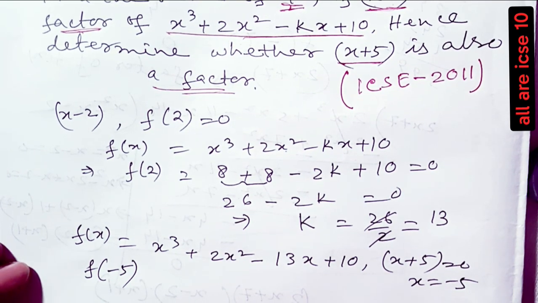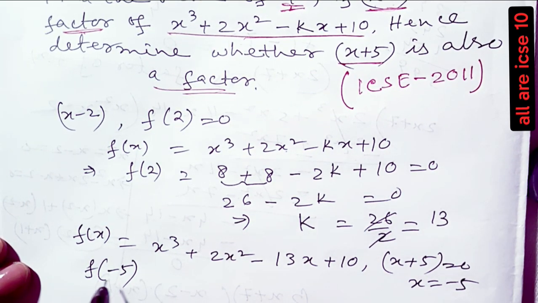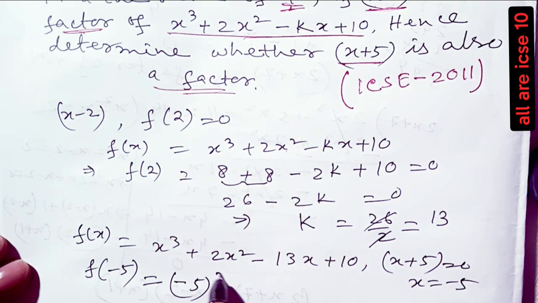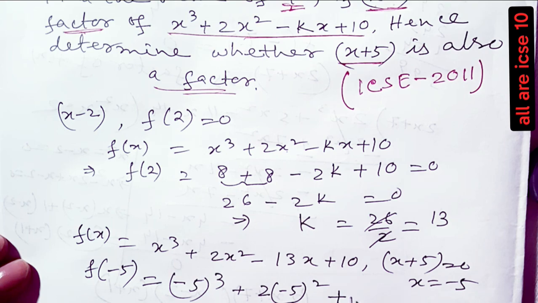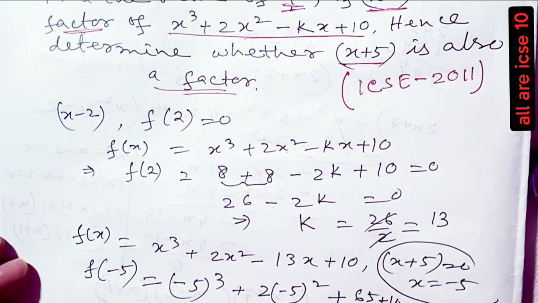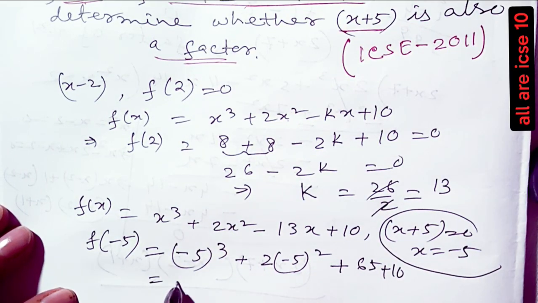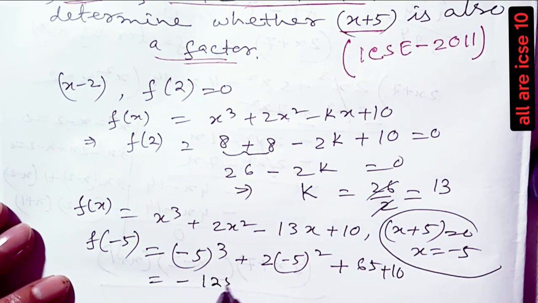So we find f minus 5, means x equal to minus 5. Here minus 5 cube plus 2 minus 5 square minus 13 multiplied by minus 5, means 13 multiplied by 5, 65 plus 10. This is minus 125.